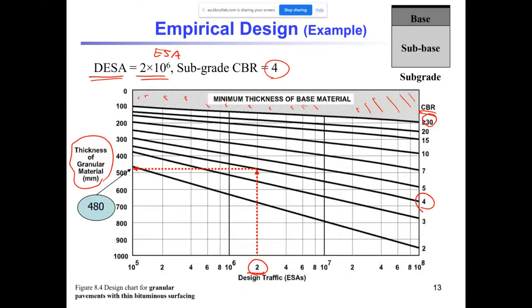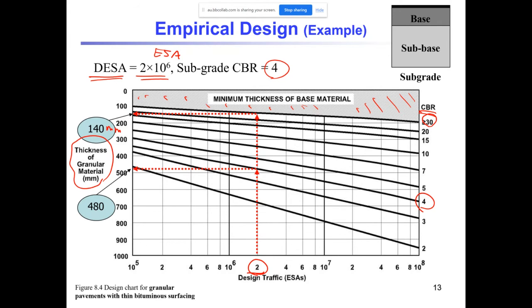So the total thickness of your pavement should be at least 480 millimeter, right? Then you continue this line until you reach the minimum thickness zone, the shaded zone. And again, you read the value. It is 140. And this 140 millimeter is the minimum thickness for the base layer.